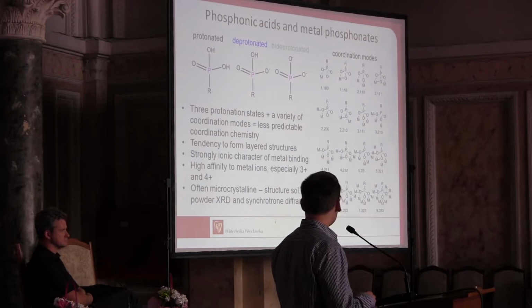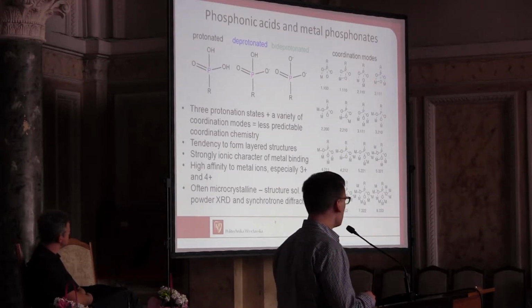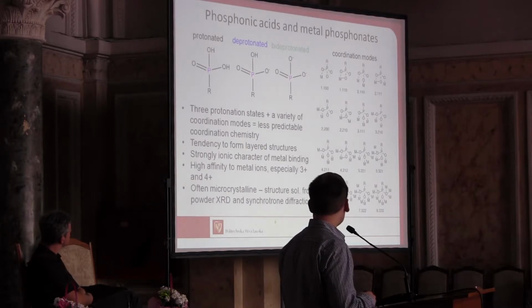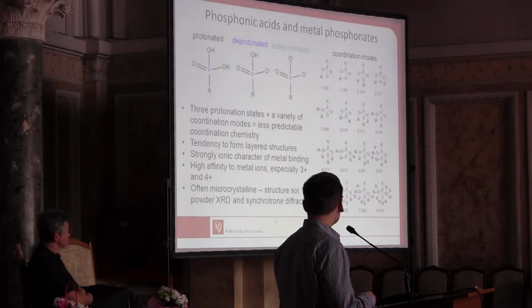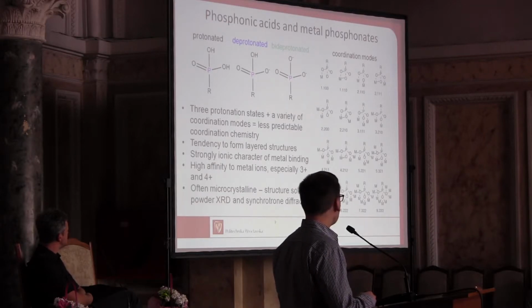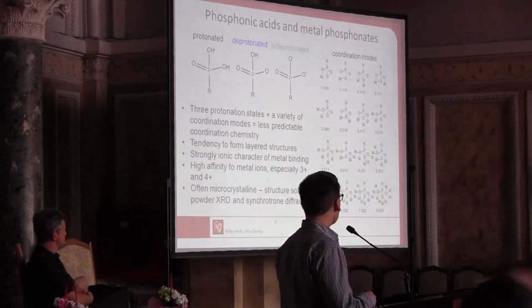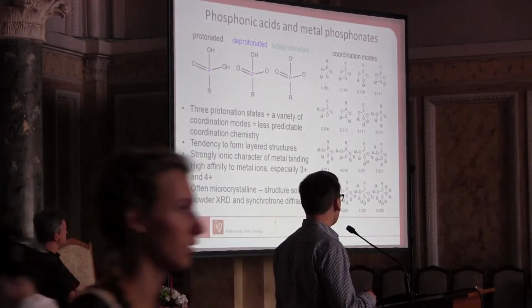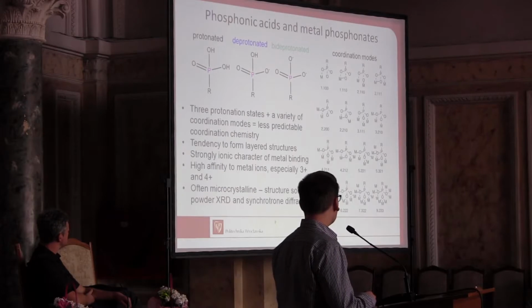There are, however, some general tendencies. One of those tendencies is that metal phosphonates tend to form layered structures in which inorganic layers interdigitate with organic layers, or organic ligands serve as pillars in between metal sheets.